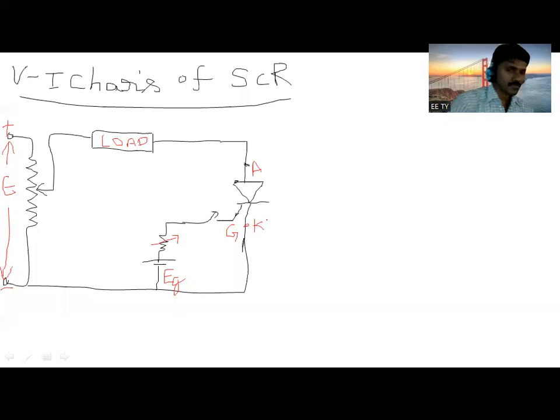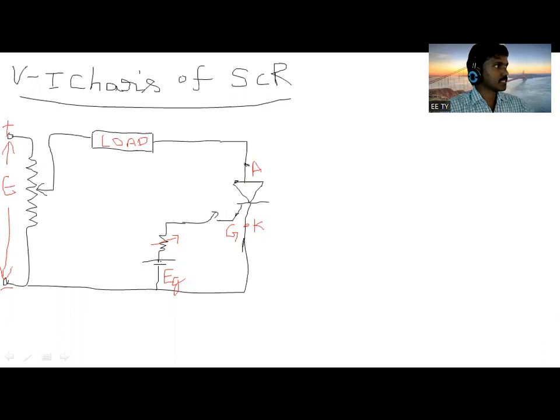Is it right? Next, if this rheostat is varied, what will happen? Which voltage is varying? Whatever we have given to the gate, that will be varying. If you have given 5 volts, then 5 volts is applied to the gate.